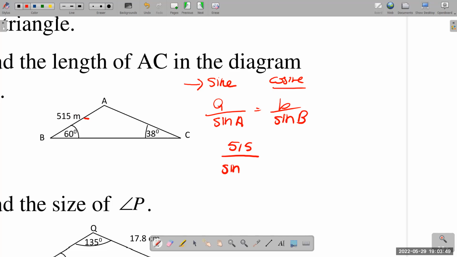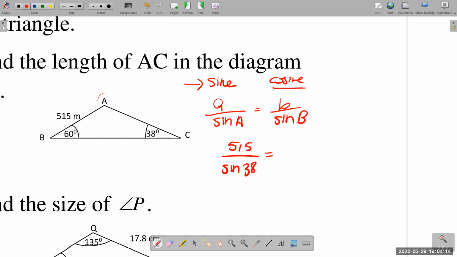Angle A is the angle opposite to the side. So what should I put? Sine 38. Everybody with me? I need confirmation before we move forward. If you got it, say got it.